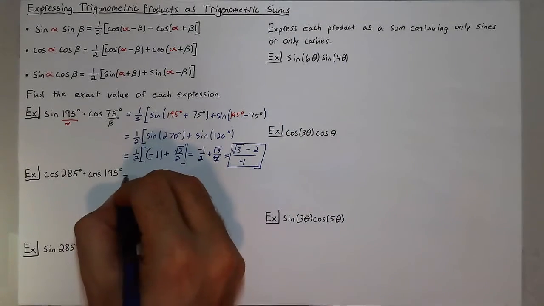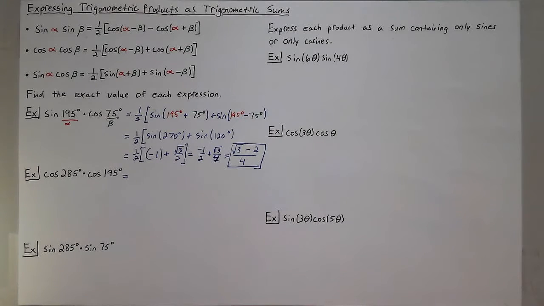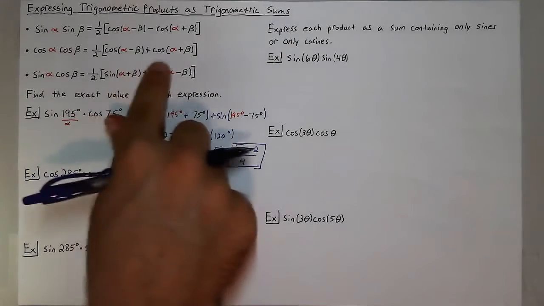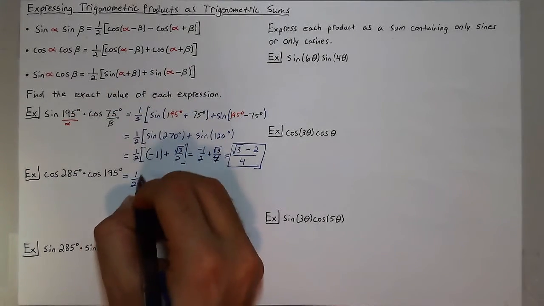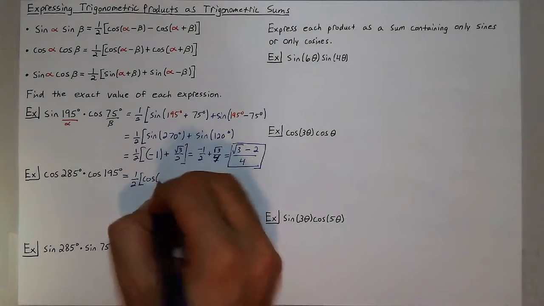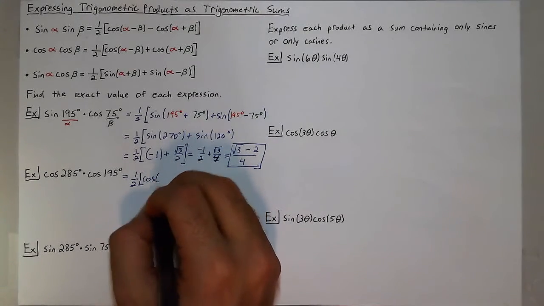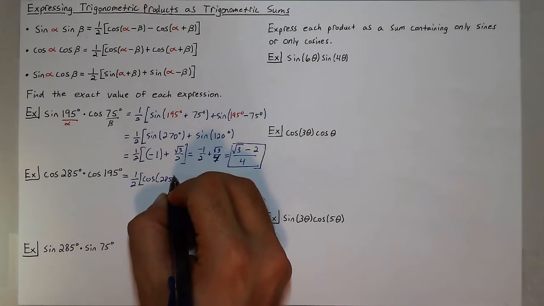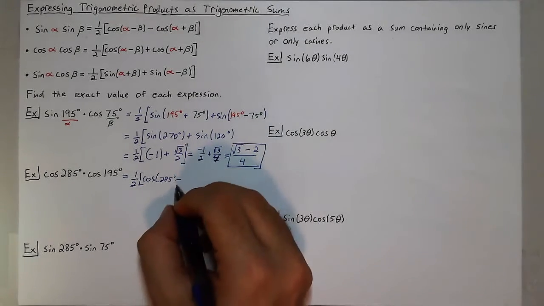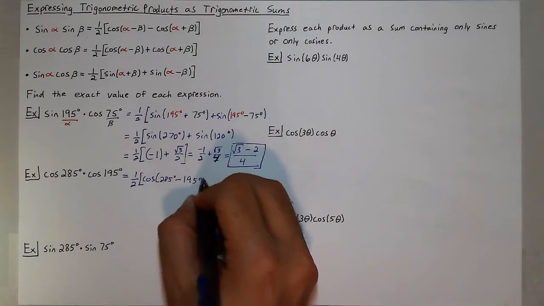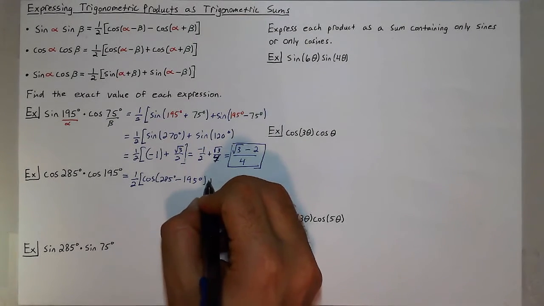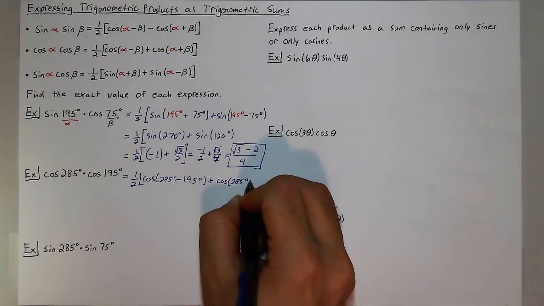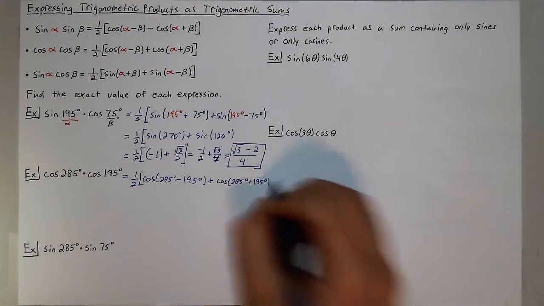So here, I have cosine of 285 times cosine of 195. And I can use the product to sum formula. That gives me 1/2 of cosine of 285 degrees minus 195 degrees, and then plus cosine of 285 degrees plus 195 degrees.